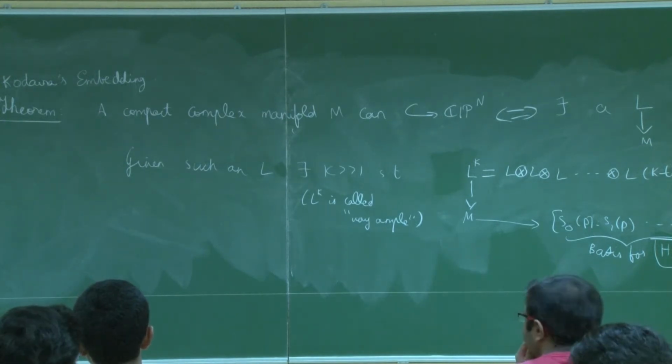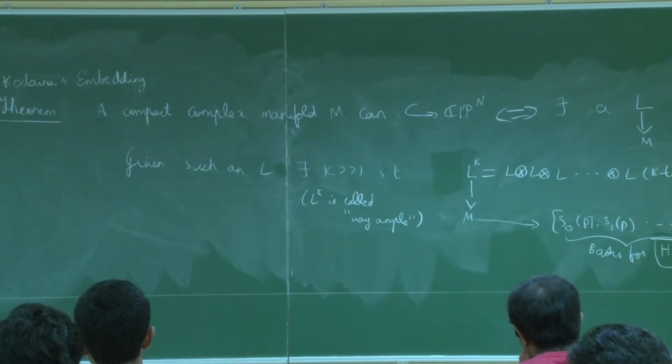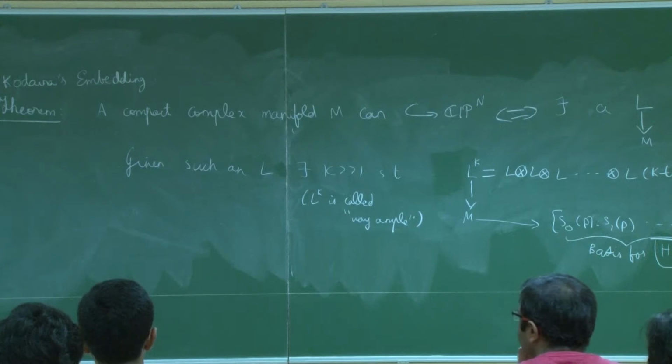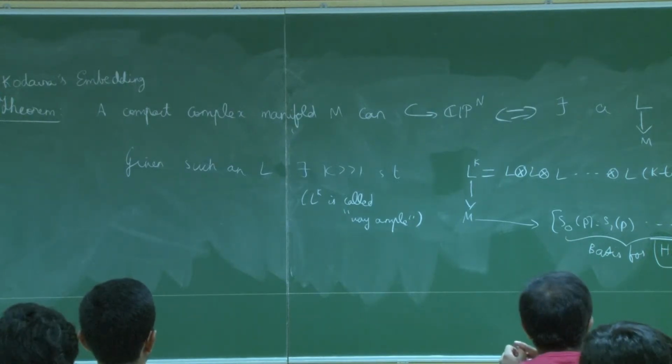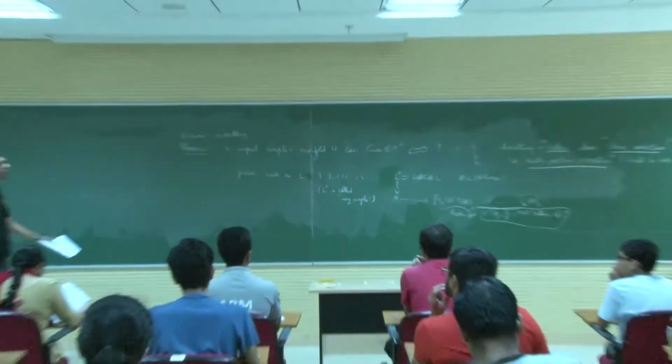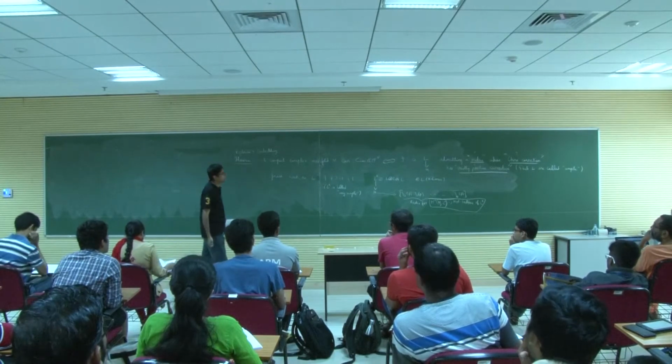Okay. So, as I said, this criterion itself seems a little unfair because it's asking you to check if there's a line bundle which has a metric that has certain properties and so on. How would you check these things, right?